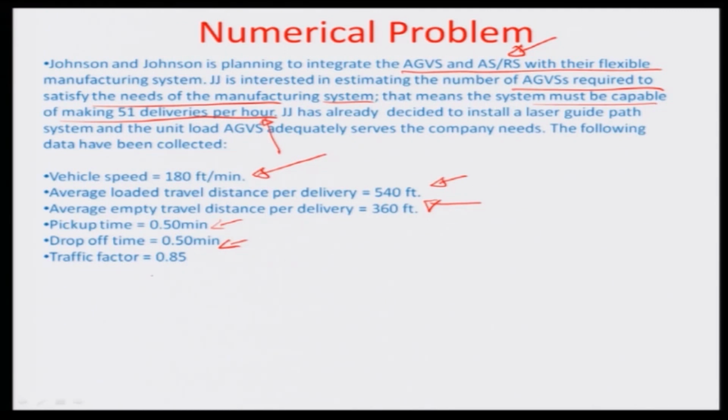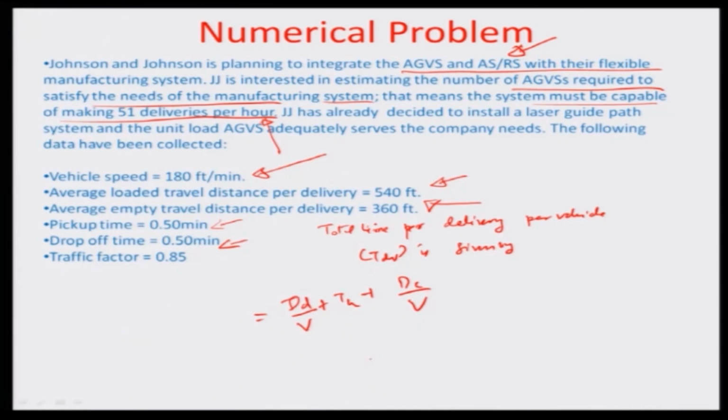So let us first look at the total time per delivery per vehicle, TDV, which is given by the total average loaded time, plus the total hold time, plus the total empty travel time.